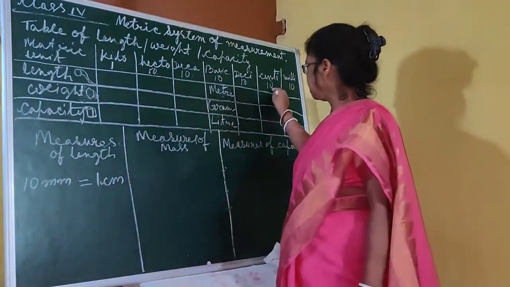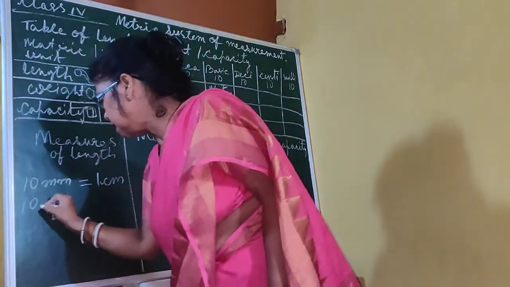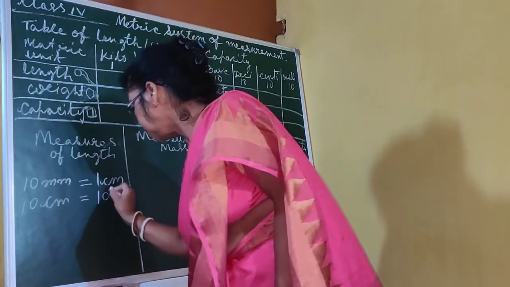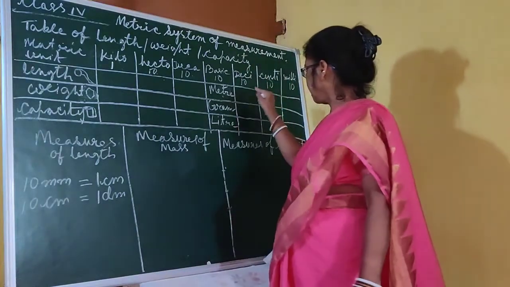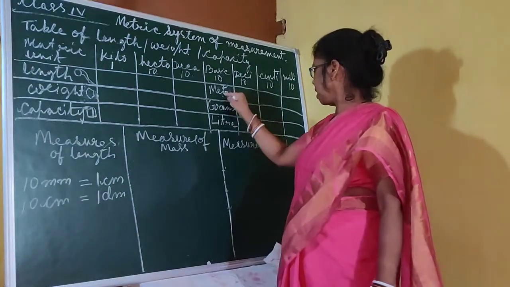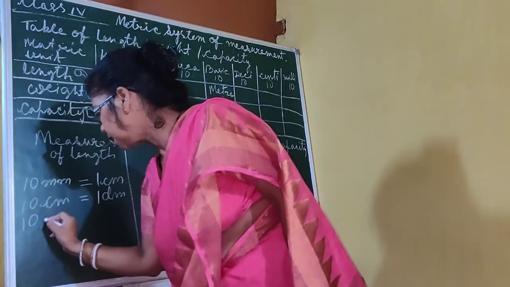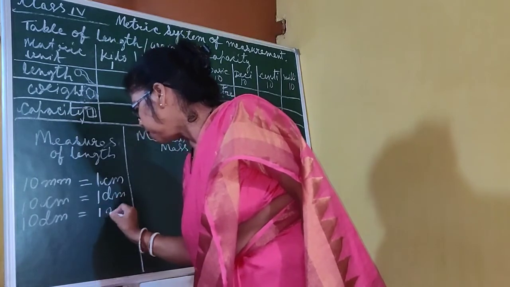Then 10 cm equals 1 decimeter, dm, and 10 decimeter equals 1 meter.